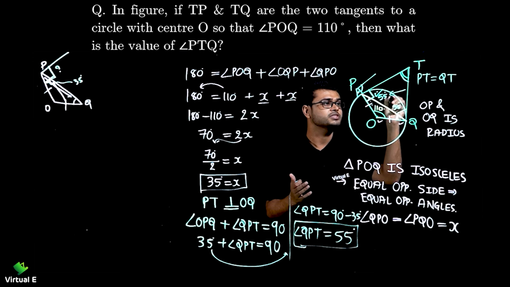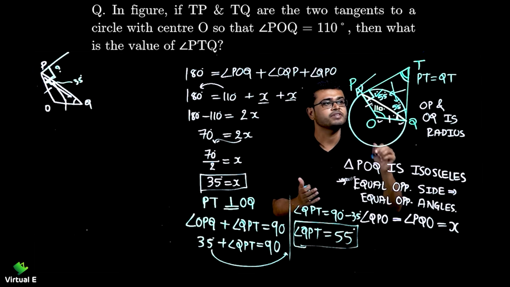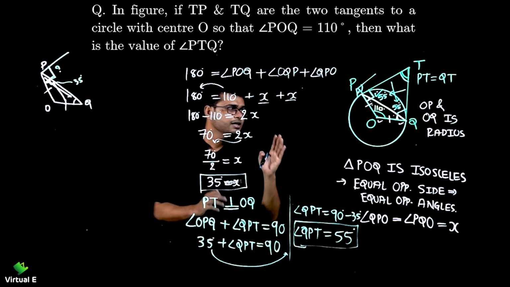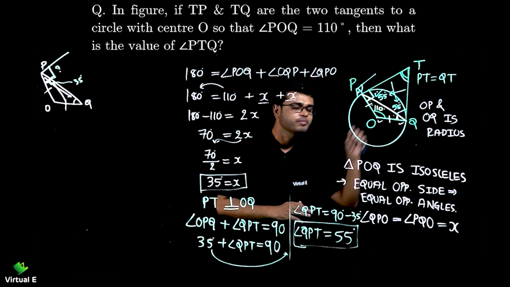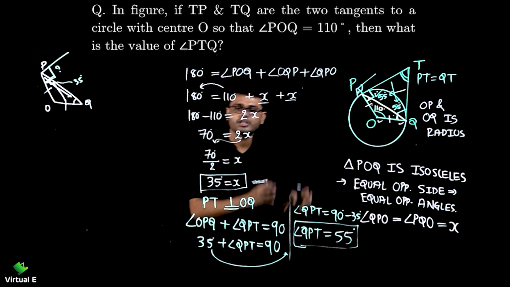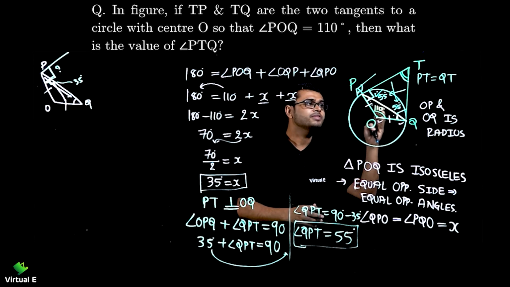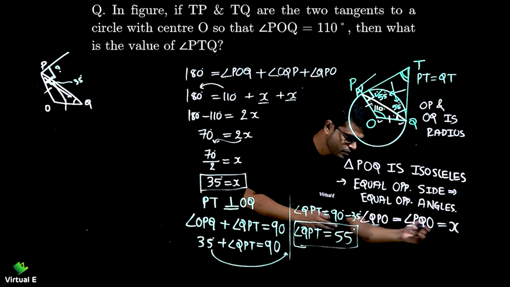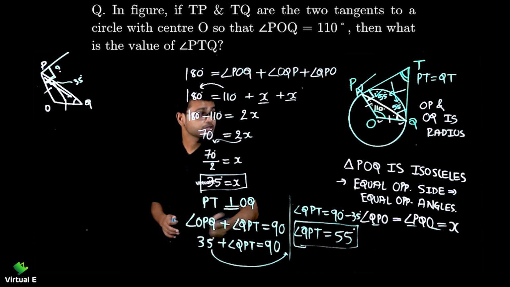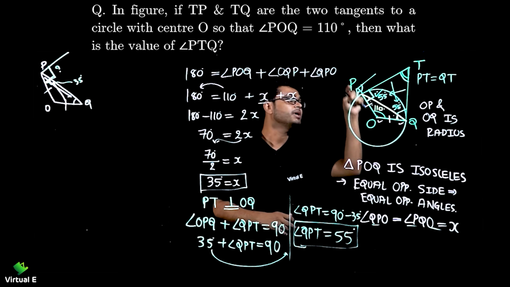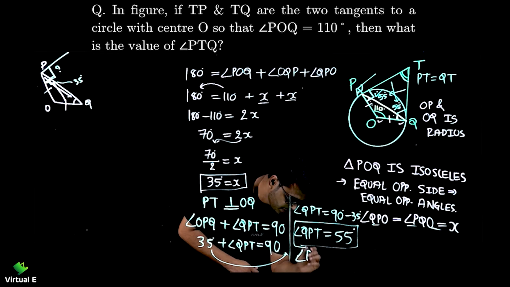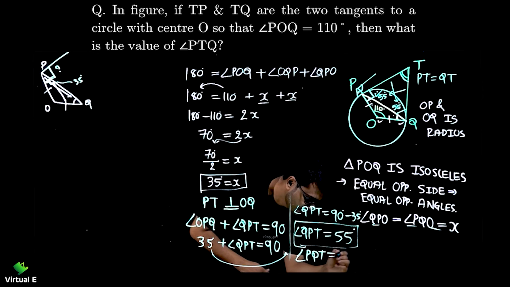See, opposite to this and opposite to this, these two angles are 55 and 55, right? I'm writing directly that this angle will be 55. Same calculation you can do over here, or you can prove that it is an isosceles triangle. So I can write these two angles as equal, right? So what is the name of that angle? PQT. So I can write here as well that angle PQT is also equal to 55 degrees.